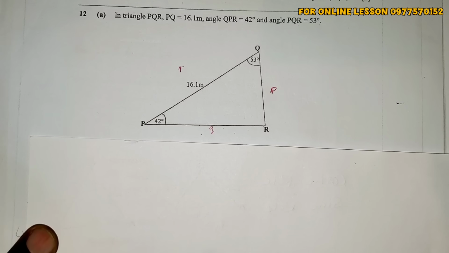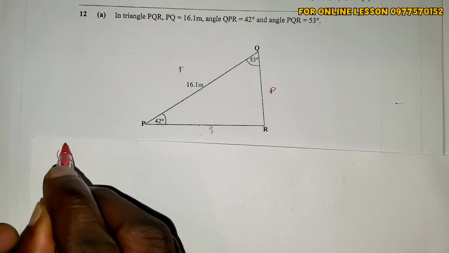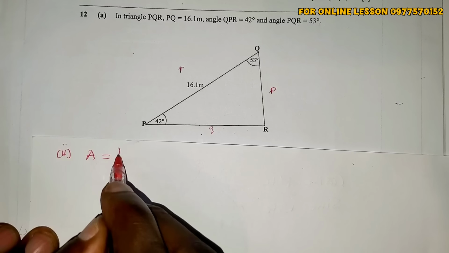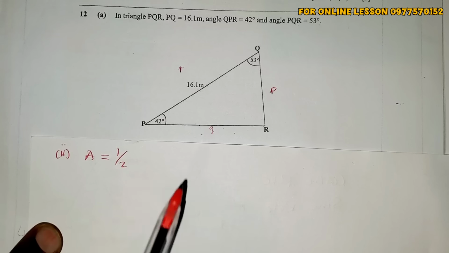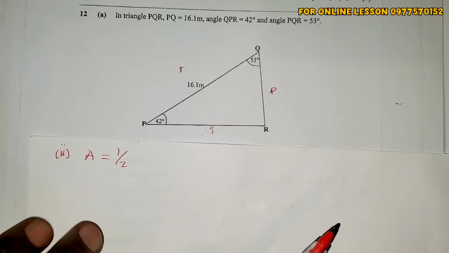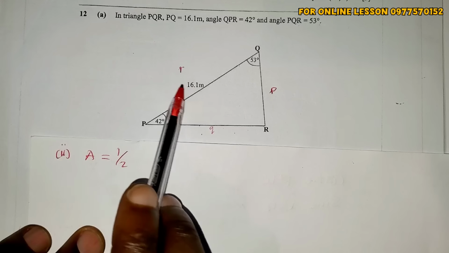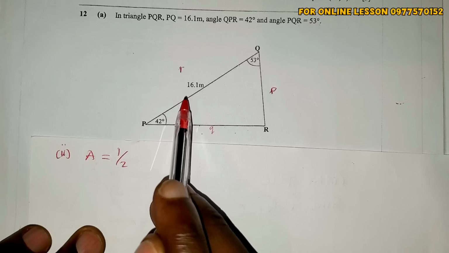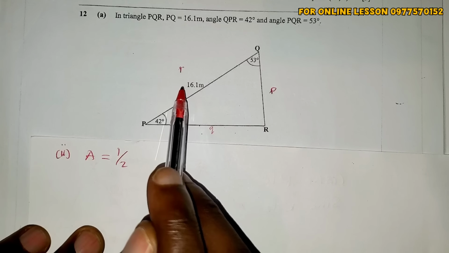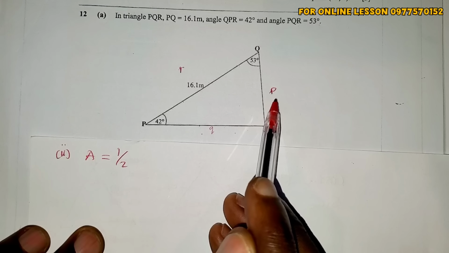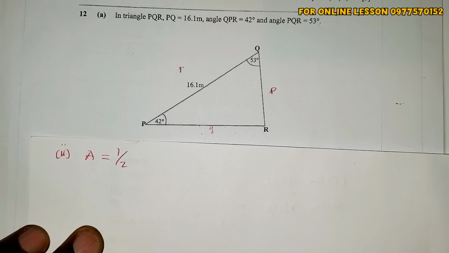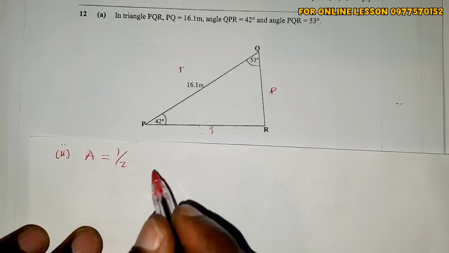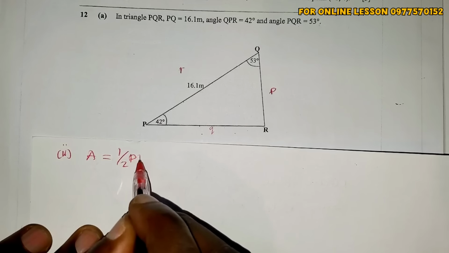What you need to do is, since this is 2, area is equal to half, then get the two sides here. The two sides we know are 16.1 and this side, which is 10.8. So we're going to write PR.